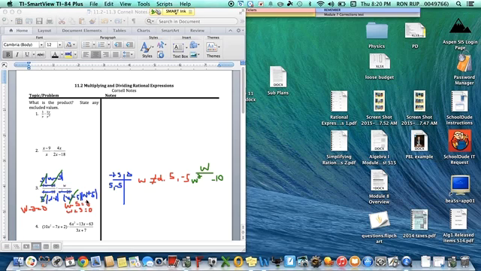Negative 2 times W is negative 2W. 5 times W is 5W. 5W plus negative 2W is positive 3W. And that's our answer. W over W squared plus 3W minus 10 with excluded values of 2, 5, and negative 5.